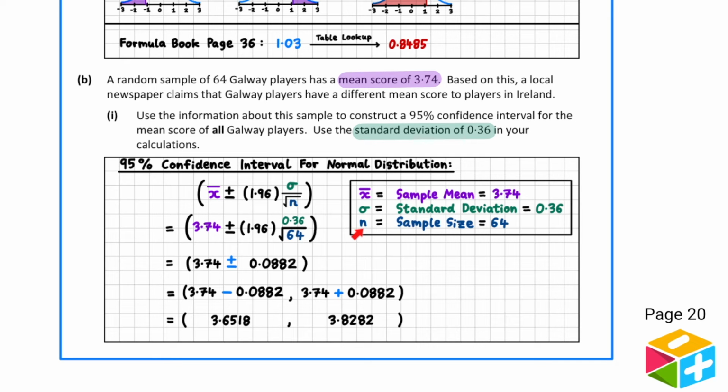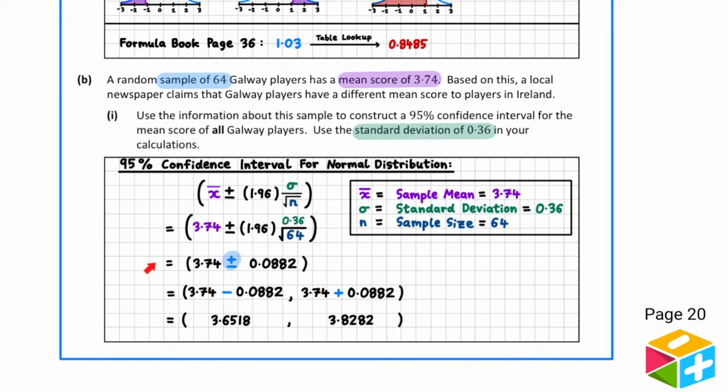Finally, n represents the sample size, and we have a sample of 64 players. Let's sub these values in. We can use our calculator to simplify the right-hand portion of this expression. It all comes out to 0.0882.